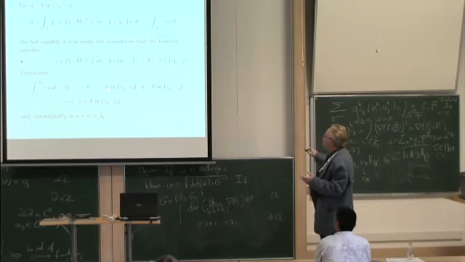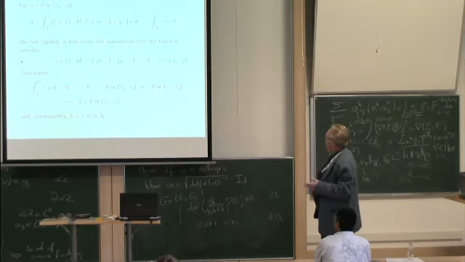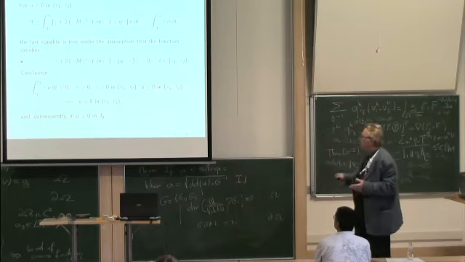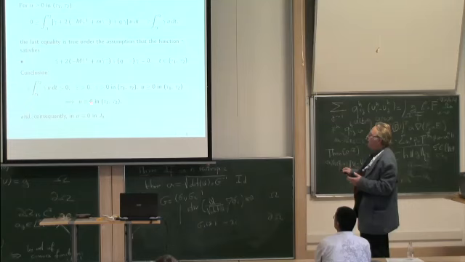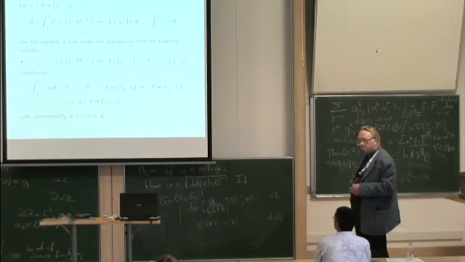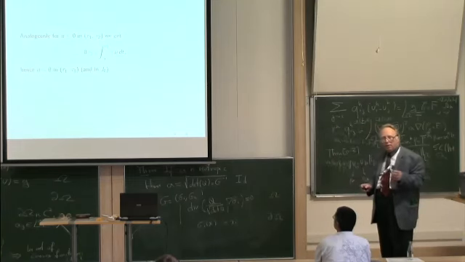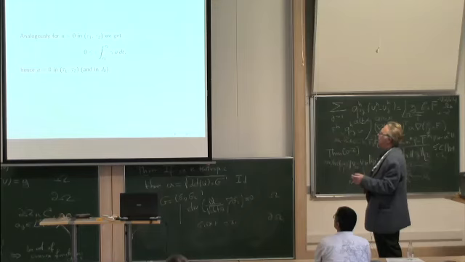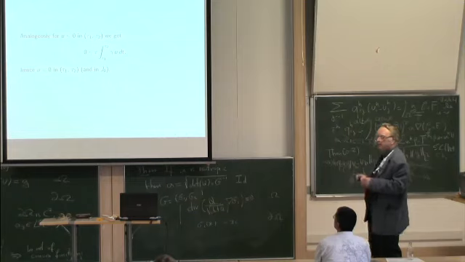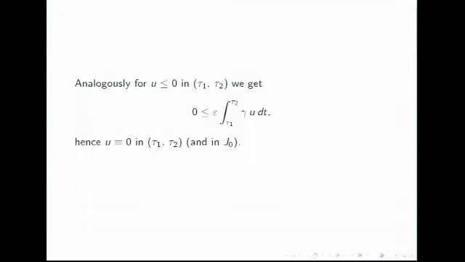And if we assume u greater or equal to 0 in this interval, then necessarily u is equal identically to 0 in tau 1, tau 2, and consequently in the whole interval J0. Analogously, if u is less or equal to 0 in interval tau 1, tau 2, we get this inequality, and again u is equal identically to 0.